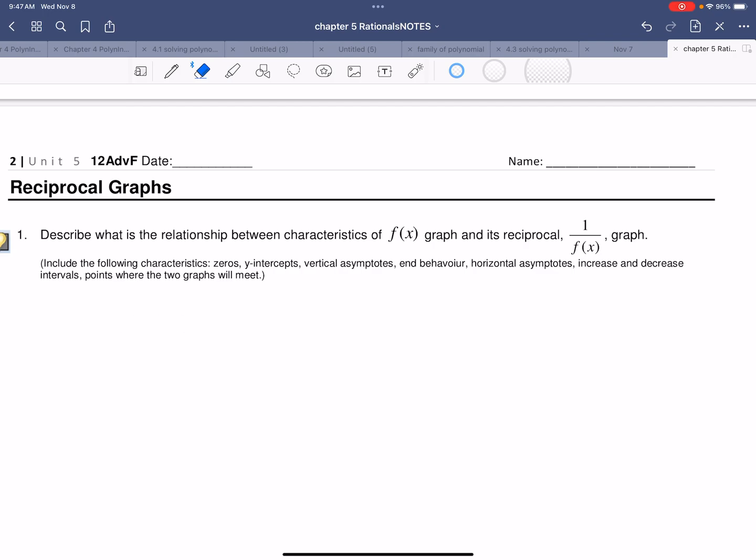Now, we're going to describe the relationship between the characteristics of the f of x graph and its reciprocal, 1 over f of x graph.